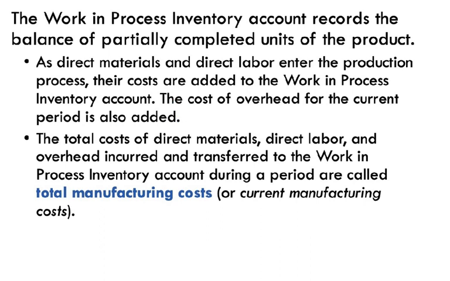Okay, then the total cost of direct material, direct labor and overheads transferred to the work in process inventory account during that period are called total manufacturing cost, or also in some textbooks they refer to current manufacturing cost. So total manufacturing cost is basically all the cost involved to produce some products.